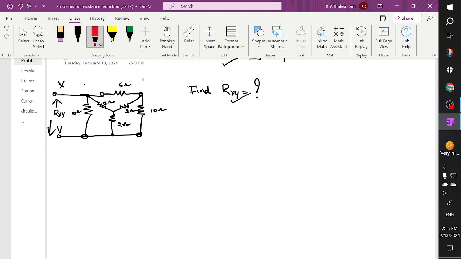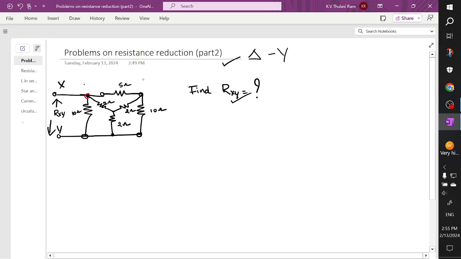So coming here, you can see this inner branch constitutes a star network. Let's try to convert this star network into a delta network. So I'm redrawing the circuit diagram.